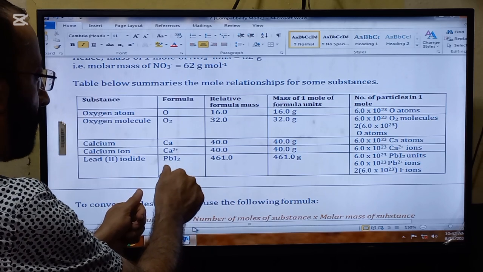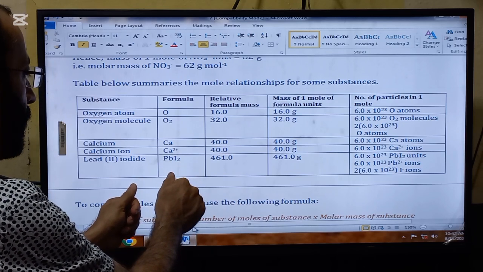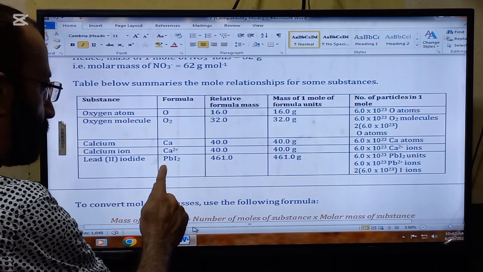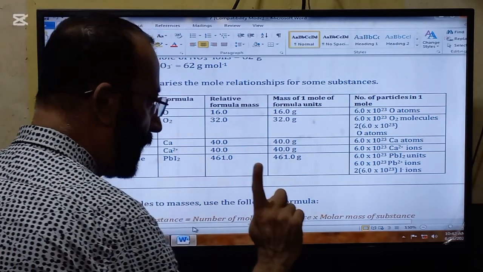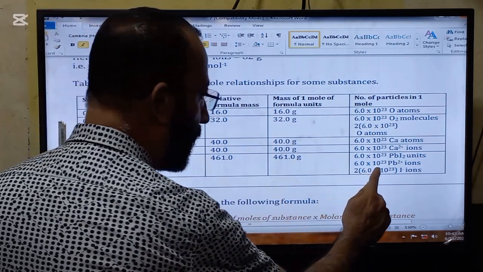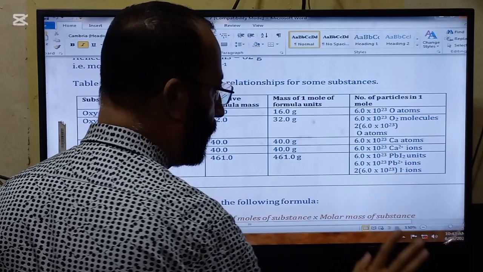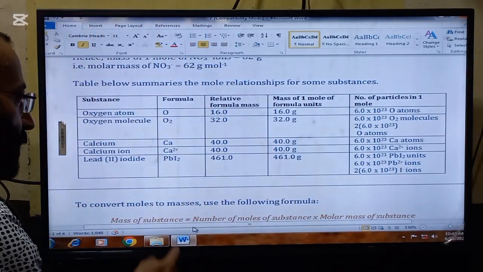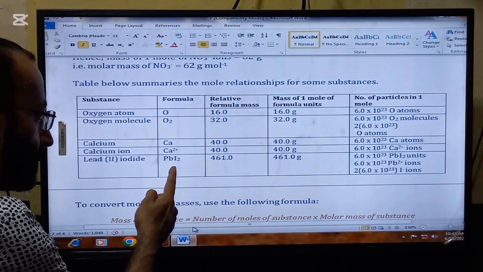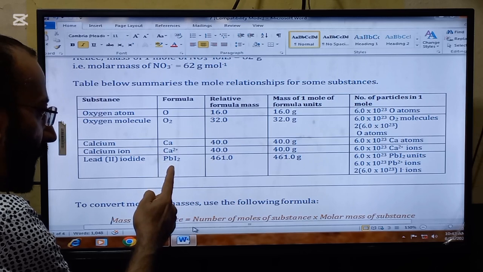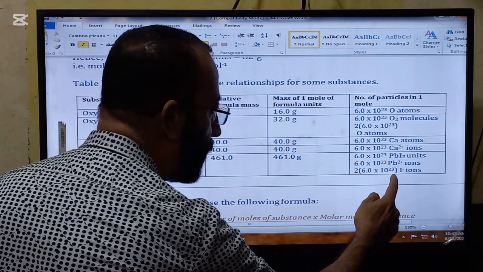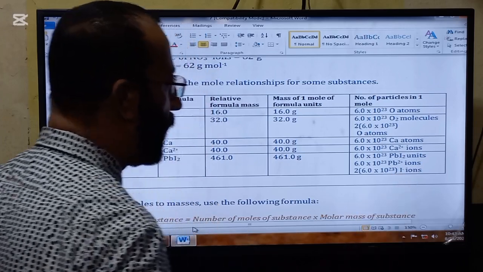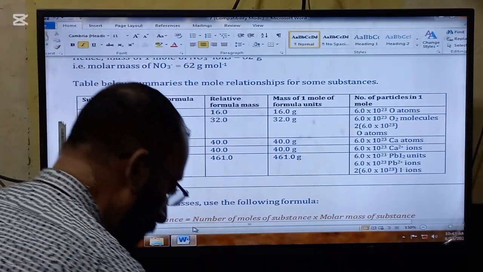In one formula unit of lead iodide, there is one lead atom, so there are 6 multiplied by 10 raised to the power 23 lead ions. But there are two iodide ions, so that's why 2 times 6 multiplied by 10 raised to the power 23 iodide ions. So concentrate.